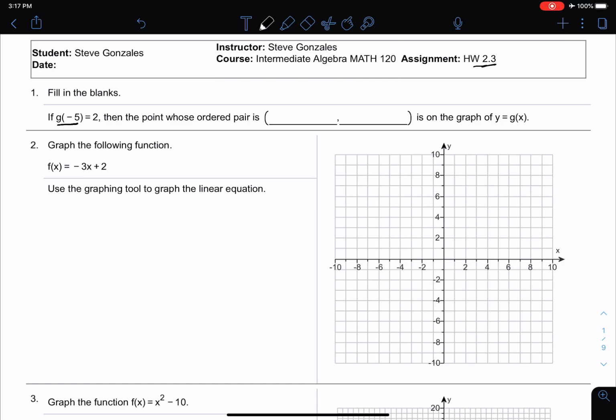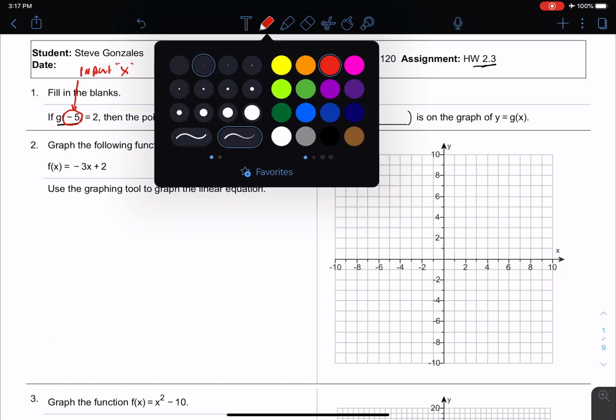Okay, so we want to get used to realizing that this part of the f of x or function notation is the input, which is going to be the x value. So if you see g of negative 5, negative 5 is your x value. Then it says that it's equal to 2.